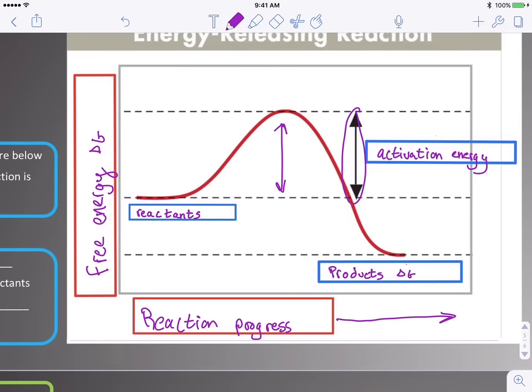So in that area between the reactants and the products is a whole gap of energy that is released in this chemical reaction. That's the energy released.